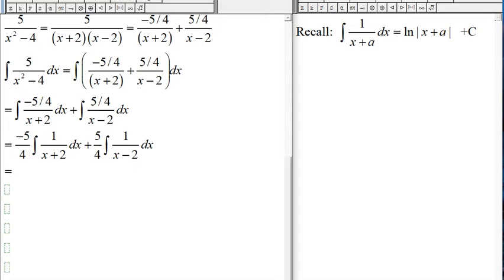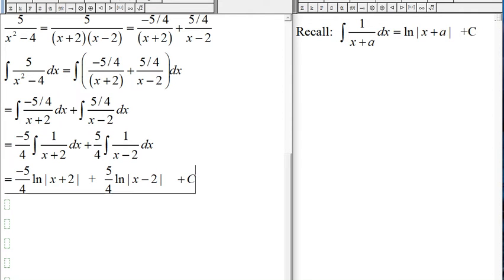And so right here we have -5/4, and then this is the integral of 1 divided by x plus 2, so the ln, or natural log, of x plus 2. And this will be 5/4 times the natural log of x minus 2, and then plus c. And this is the answer.